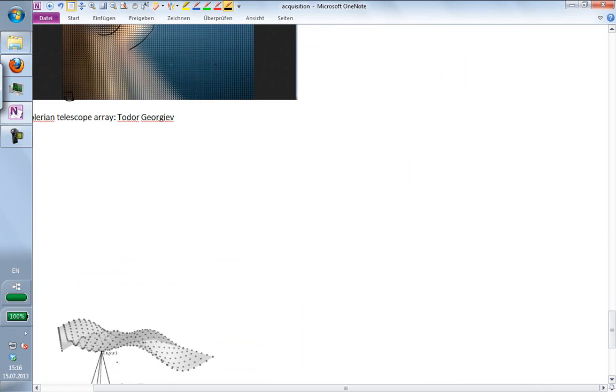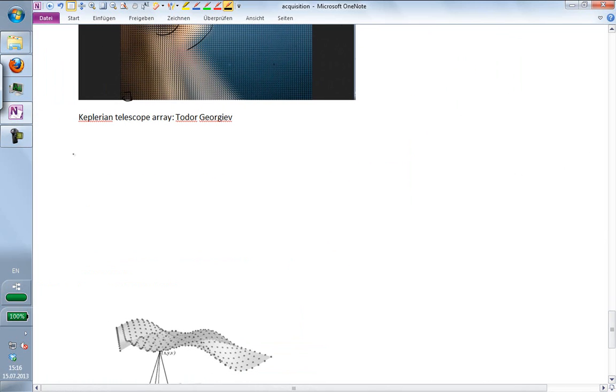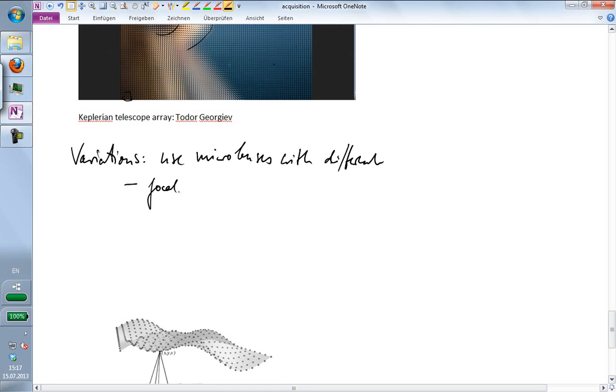Now on the hardware side, there are many variations on this theme. I can, for example, use different sorts of micro lenses. I could use micro lenses with different focal length, for instance, which is what the Raytrix company does.